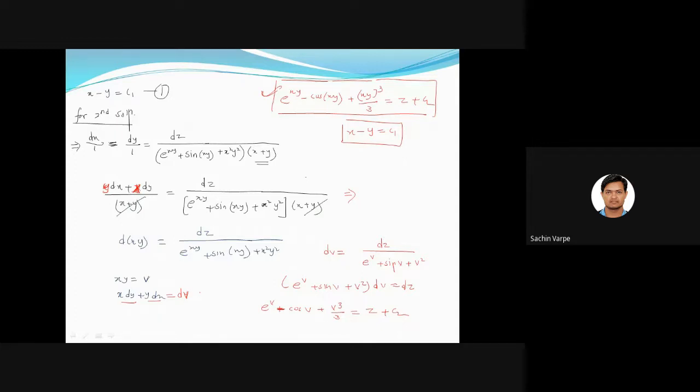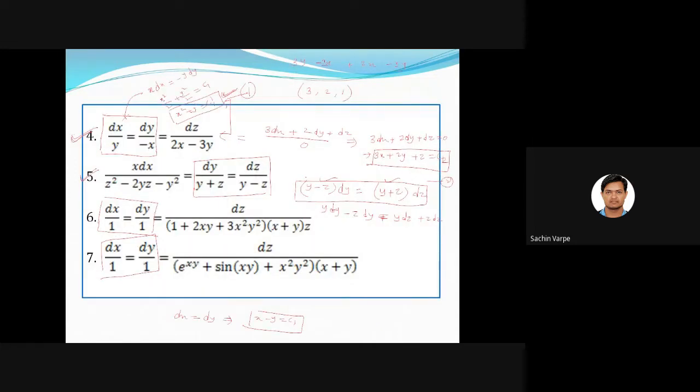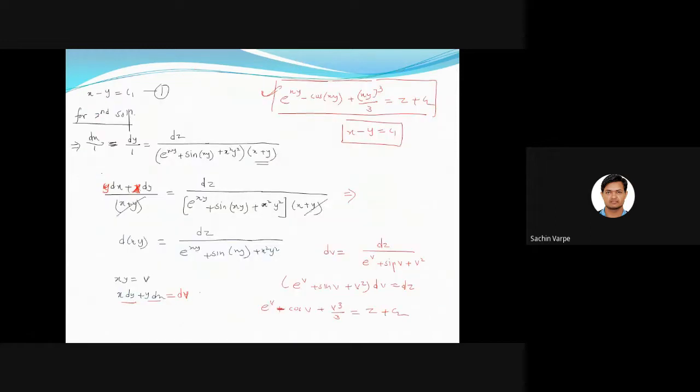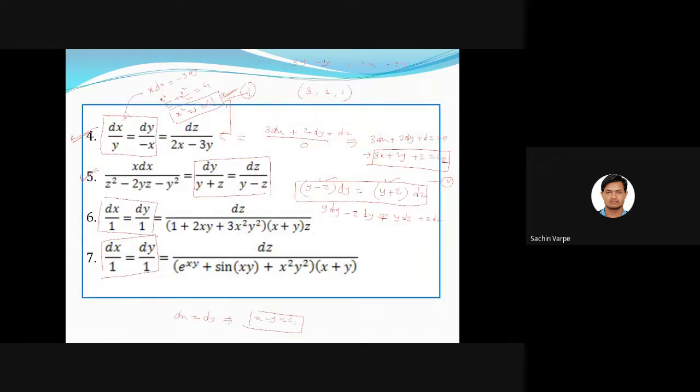Okay, so you just try the question number 6 in a similar manner. You also have to try the question number 5 by using the method of multipliers, and that will end this topic, simultaneous and symmetric differential equations. So you just solve these questions and submit as a homework assignment today, and even those questions from the tutorial also.